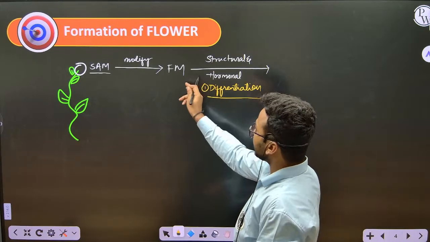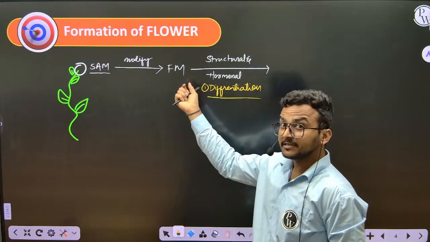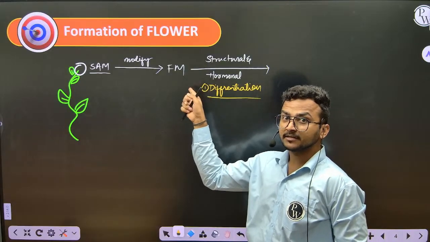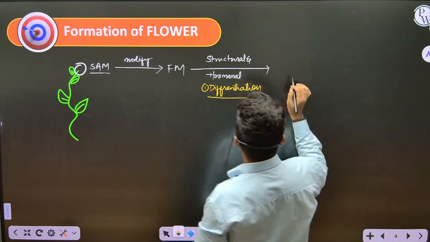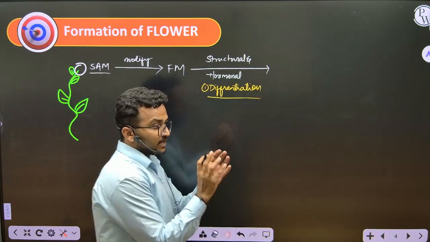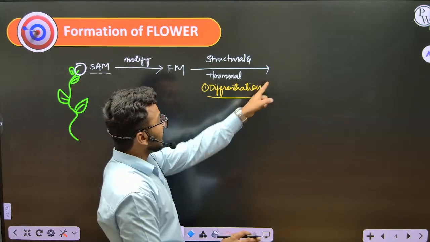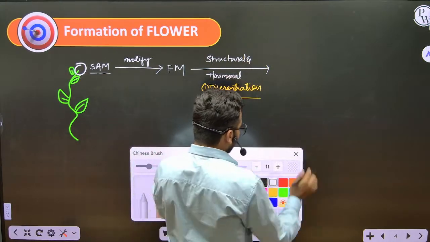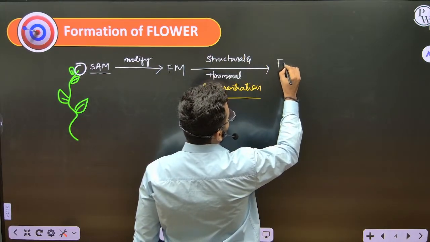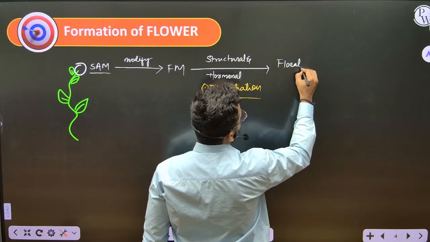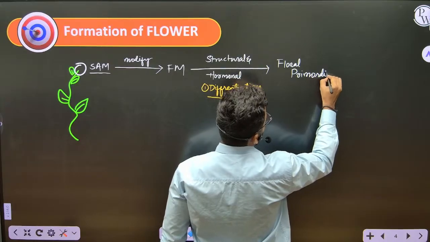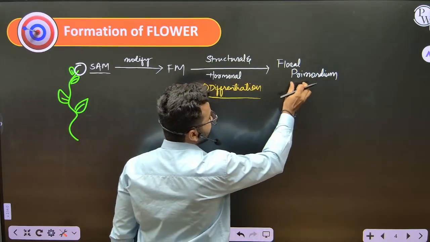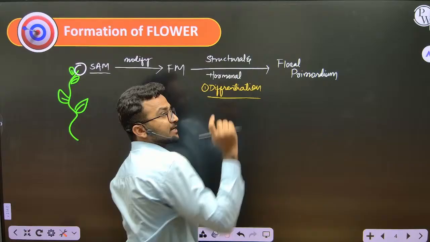So the floral meristematic cells which are showing division will lose the capacity to divide, and will be showing some particular structure there, that I am calling floral primordium. Primordium in the sense initial structure of a flower.